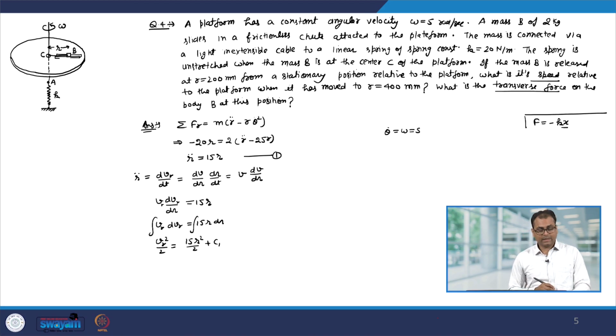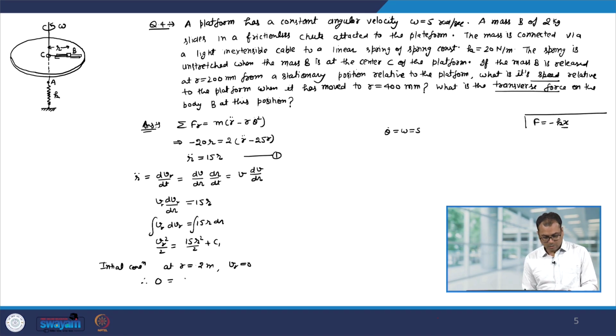Now, this constant I can find out from the initial condition that was set up in the problem. So, the initial condition is at r equal to 0.2 meter, Vr is equal to 0. Okay. So, therefore, 0 equal to 15 into 0.2 into 0.2 divided by 2 plus C1, or C1 equal to minus 0.3. I can put this in equation number 2.